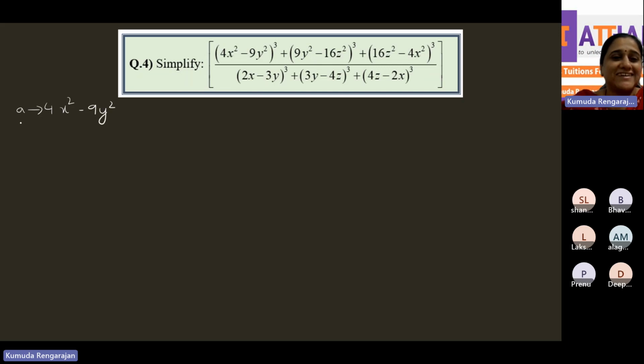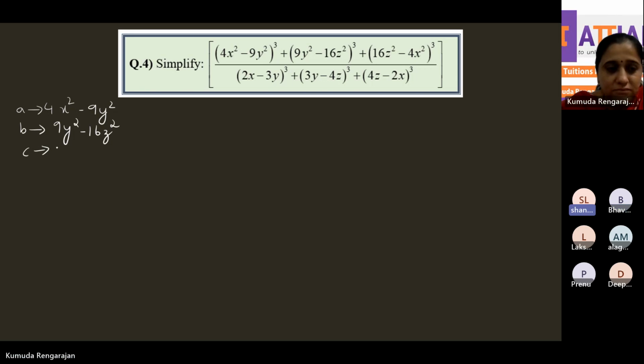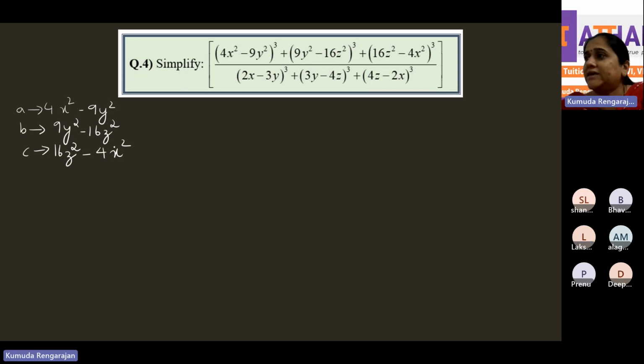What is B? 9y square minus 16z square. And C. 16z square minus 4x square. All right. A, B, C we have written because the numerator is A cube plus B cube plus C cube. Now A plus B plus C, we're going to add.